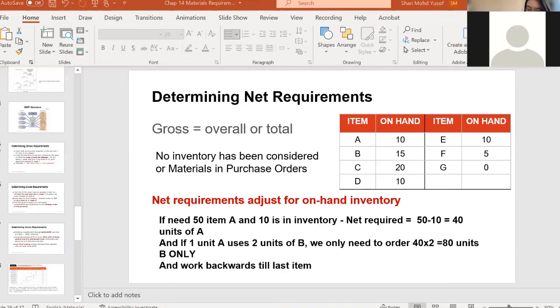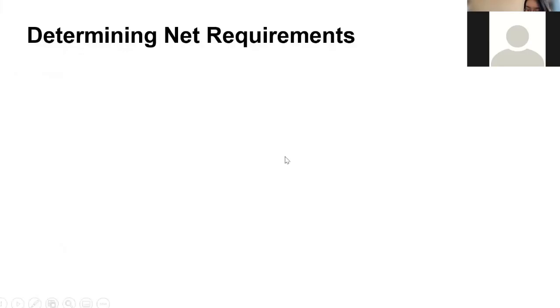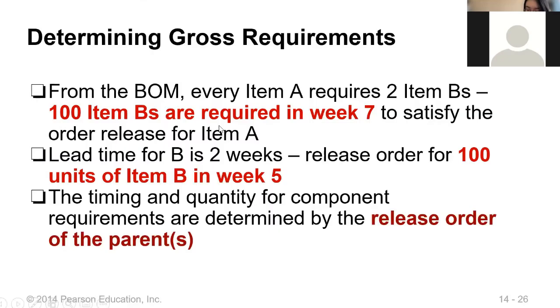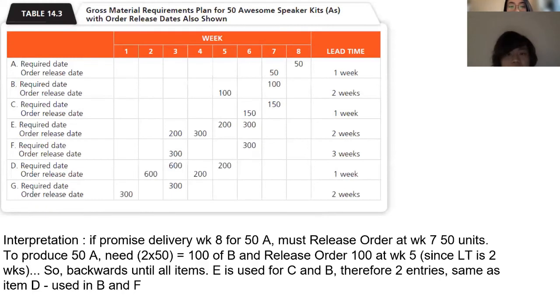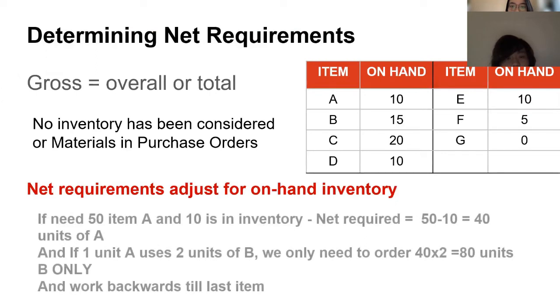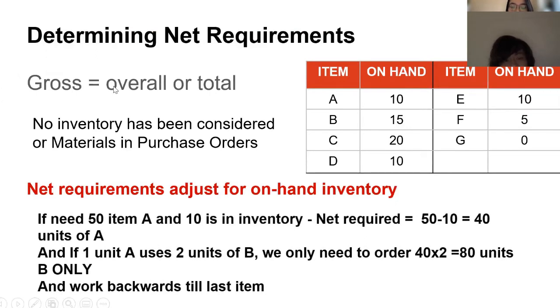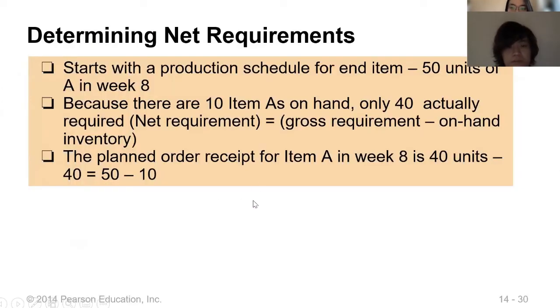So before the break, I think what I have explained to you is how to determine gross requirements. Okay. So this is your gross requirement table. It consists of all information about the required date and order release date. And after that, we need to determine the net requirements. What net requirement does is actually consider on-hand inventory.